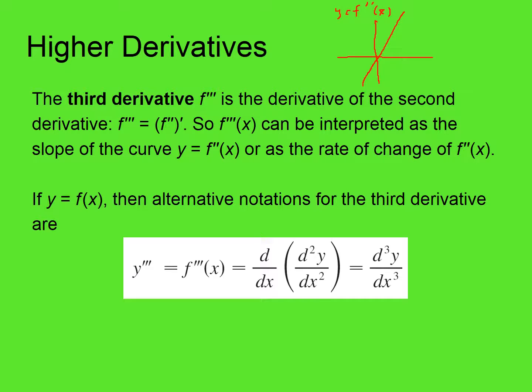Well, triple prime, that graph would just be a horizontal line because the slope of the tangent to the graph of y equals f double prime of x is the same all the way across. So the graph of the third derivative would be a horizontal line.